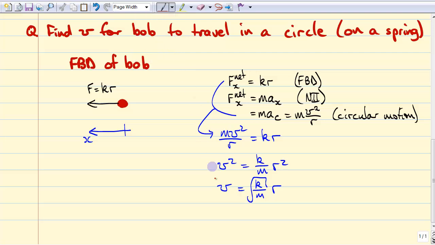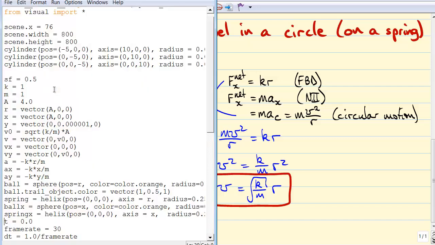And this is our answer to the problem. And just to show you how I did that in the program, let's have a look. Here is the initial velocity of Bob, and you'll see that it's v equals the square root of k over m times a, which was our amplitude, because in the program I used r for the vector position of Bob.